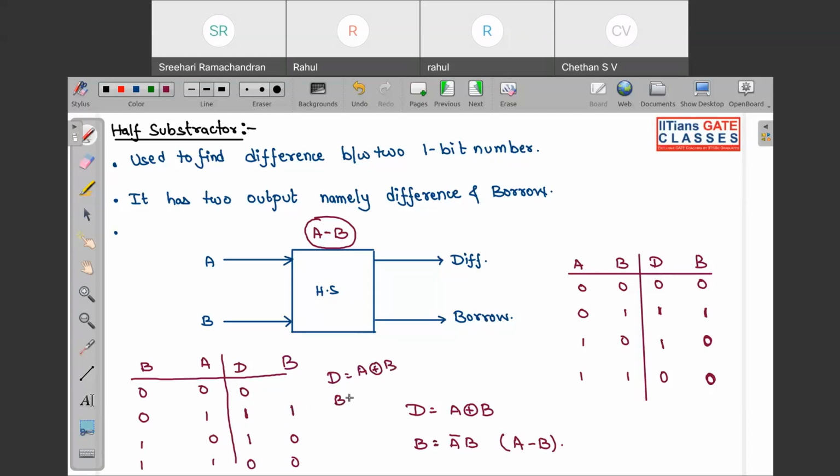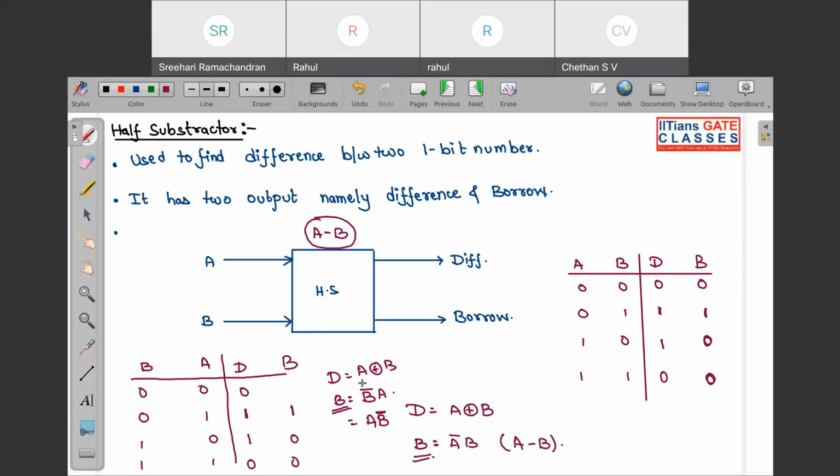B complement A, or sorry, A B complement is what you need to write. This is very important: borrow is different when you do A minus B and B minus A. So whenever a question says A is subtracted from B, or B is subtracted from A, look very carefully and then write what the borrow is.